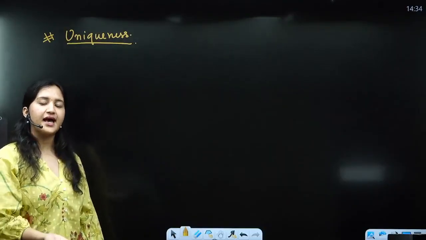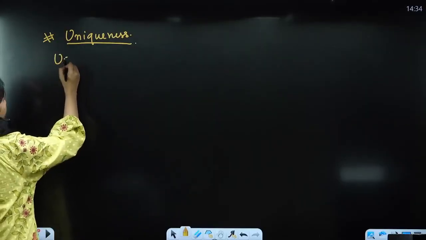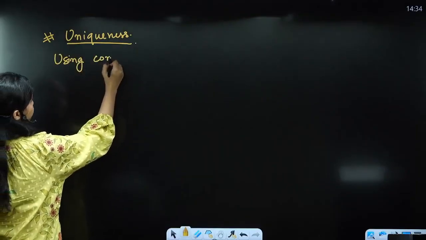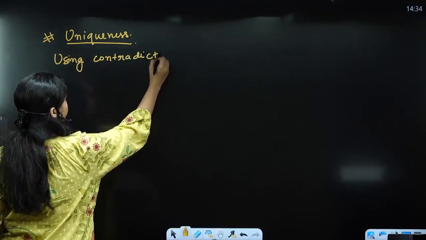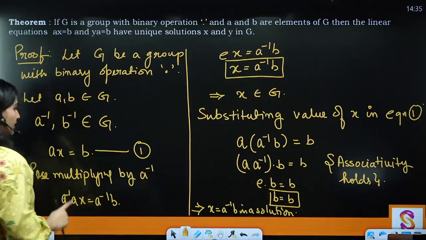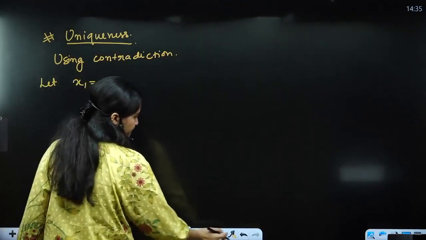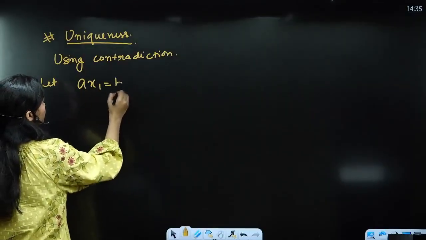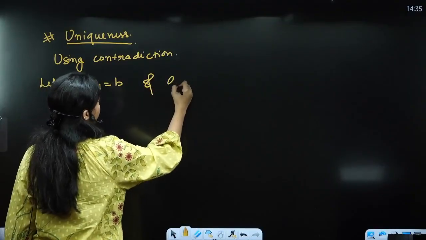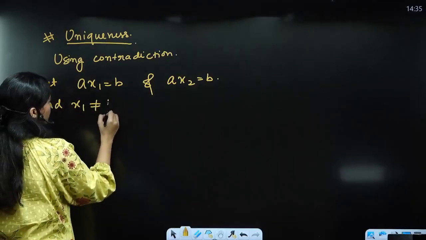For that, I will assume the exact opposite of it to be true, that is, using contradiction, let x1, or I should say, let Ax1 equals B and Ax2 equals B, and x1 is not equal to x2.